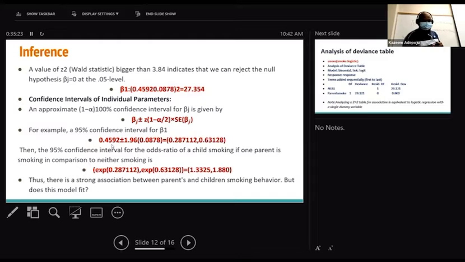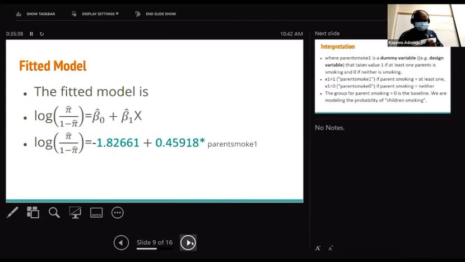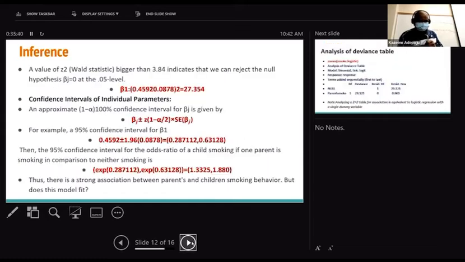Now, 0.4592, where does it come from? 0.4592 is the slope. Look at that, it's coming from here. Then you find the confidence interval for that. It's going to be plus or minus, and at 95%, you're going to use 1.96. That's why you see the 1.96 here.